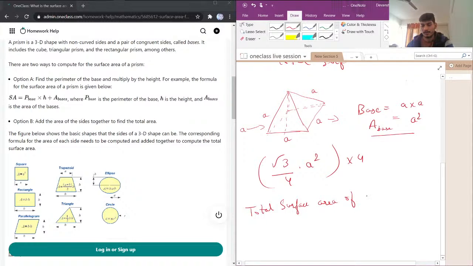Then the total surface area of an equilateral square pyramid will be equal to the area of the base plus the area of 4 triangles.